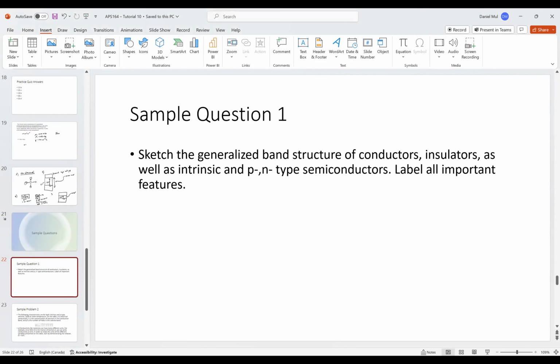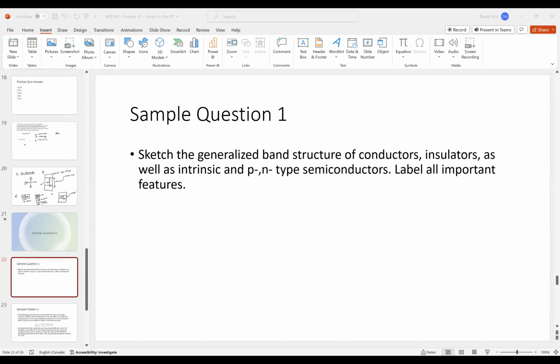Sketch the generalized band structures of conductors, insulators, as well as intrinsic, P and N-type semiconductors. It's in the slides. If you go back in the slides, you can find it and draw it on the whiteboard and I can put it on the slides. Then we can go through it.